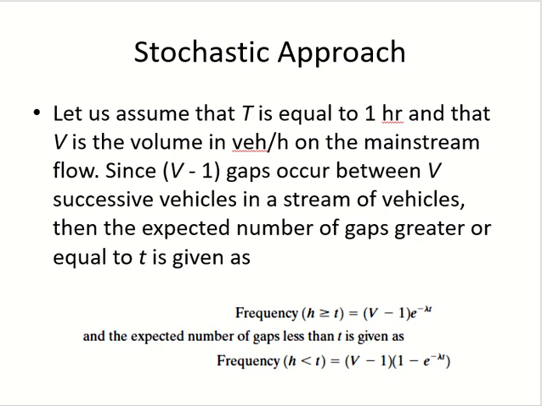So if V is the number of cars or number of vehicles, then the number of gaps is V minus 1. Okay, this is understood. Now the gap which we are looking for, gap is the headway, right? So we already have this equation.